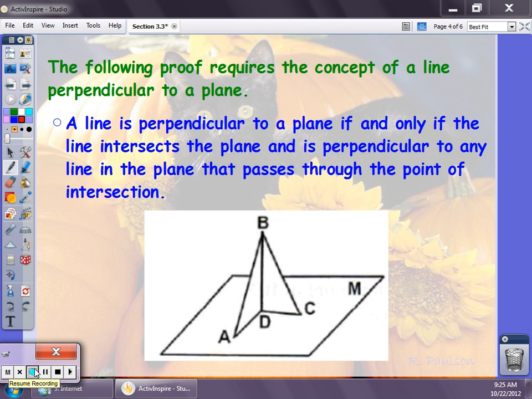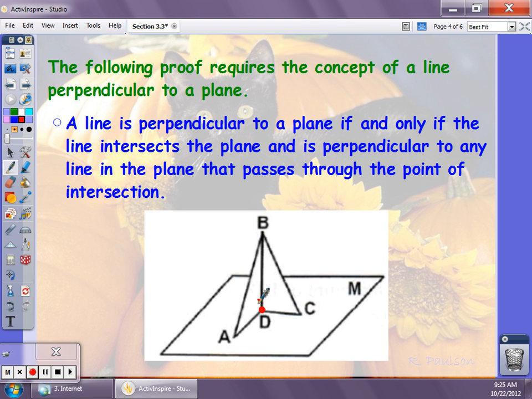The following proof requires the concept of a line perpendicular to a plane. So a line is perpendicular to a plane if and only if the line intersects the plane and is perpendicular to any line in the plane that passes through the point of intersection. So here we have line BD that passes through plane M at point D. We are also going to look at line BD when it's perpendicular to line AD.